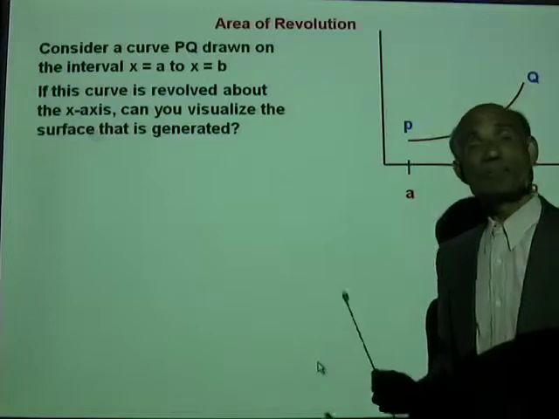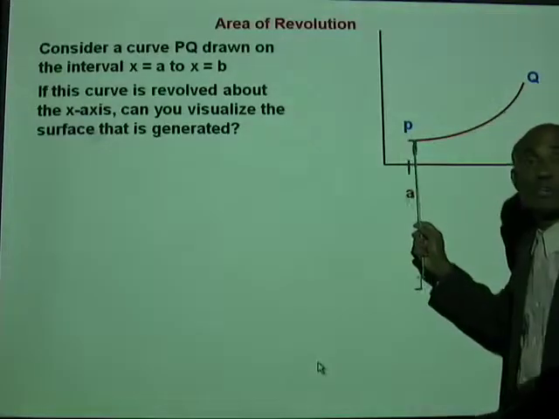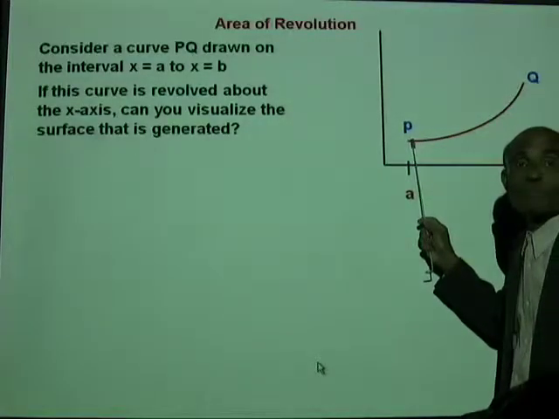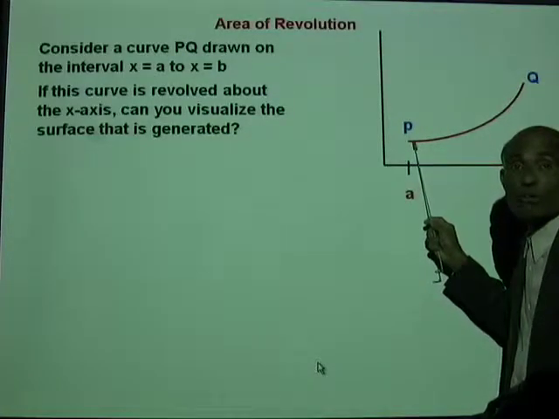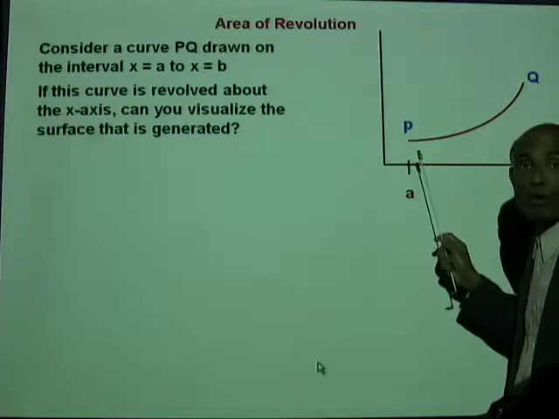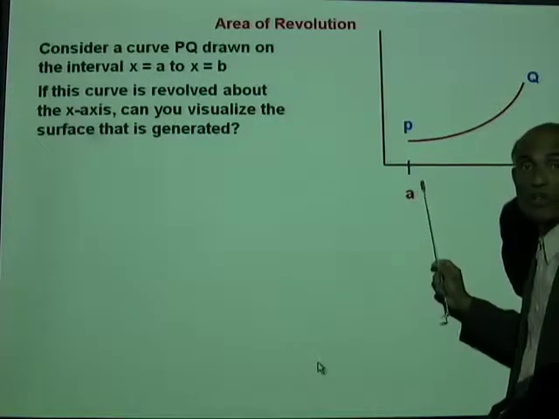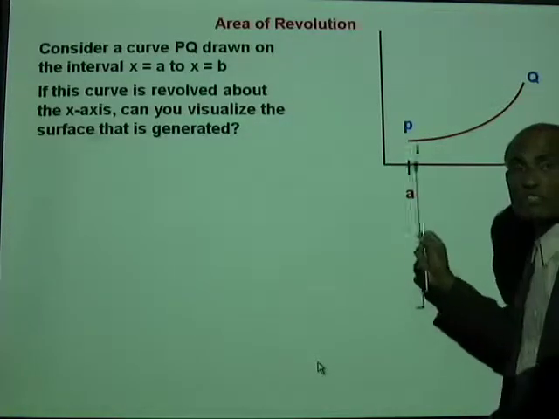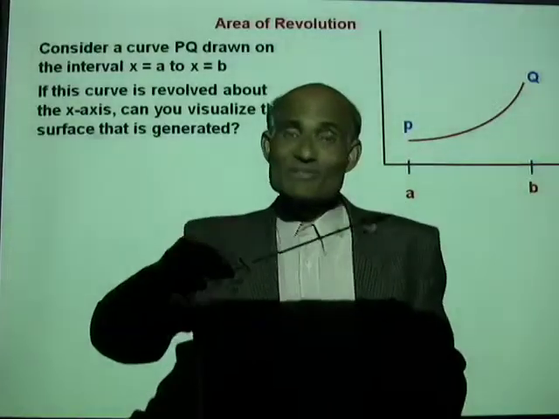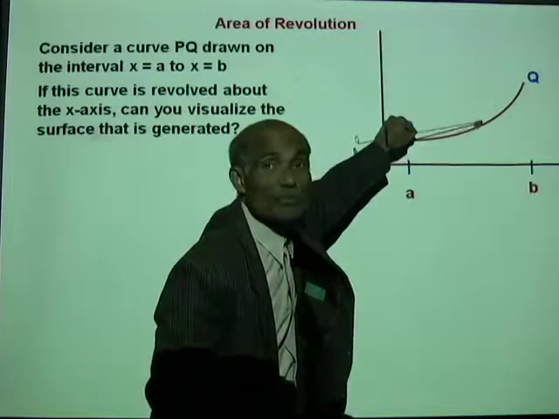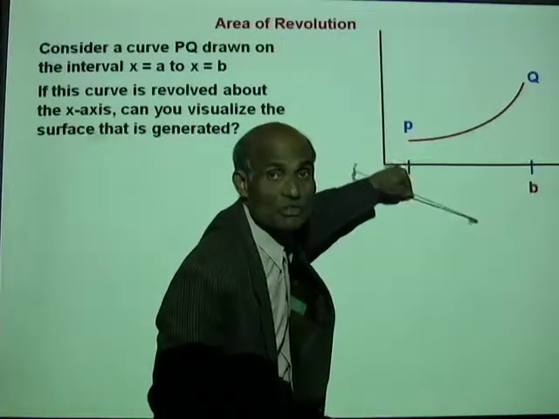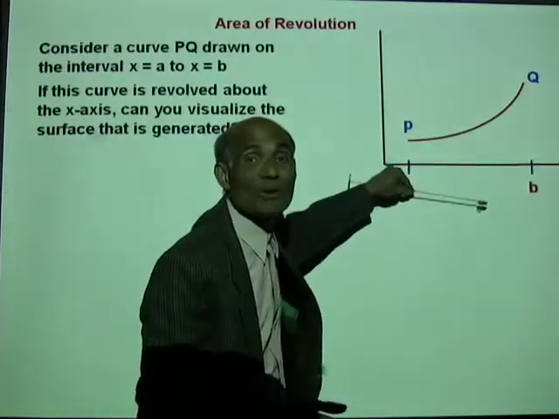If you want to visualize, what we can do is take a point on the curve. If you take a point on the curve and revolve it about the x-axis, what you will generate is a circle. Is that right? That's right. So any point on this curve, if you revolve it about the x-axis, will generate a circle.